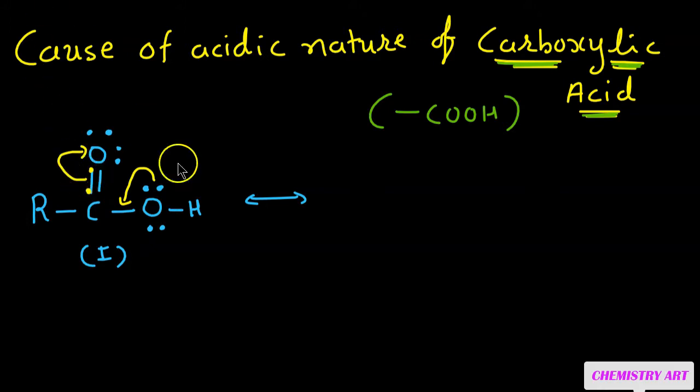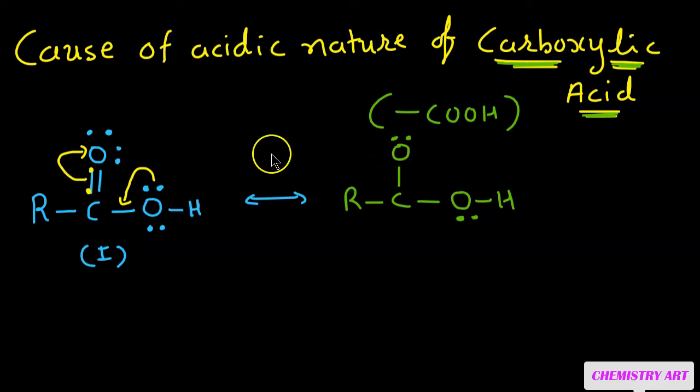So let me draw a new structure, another resonance hybrid structure. It can be drawn as R, then C; the double bond was there, but as we know the bond is broken and only a single bond remains, and the single bond was there with oxygen, and the oxygen is bonded with a hydrogen. Here I have to show 1 lone pair of electrons, and another 1 lone pair of electrons here.